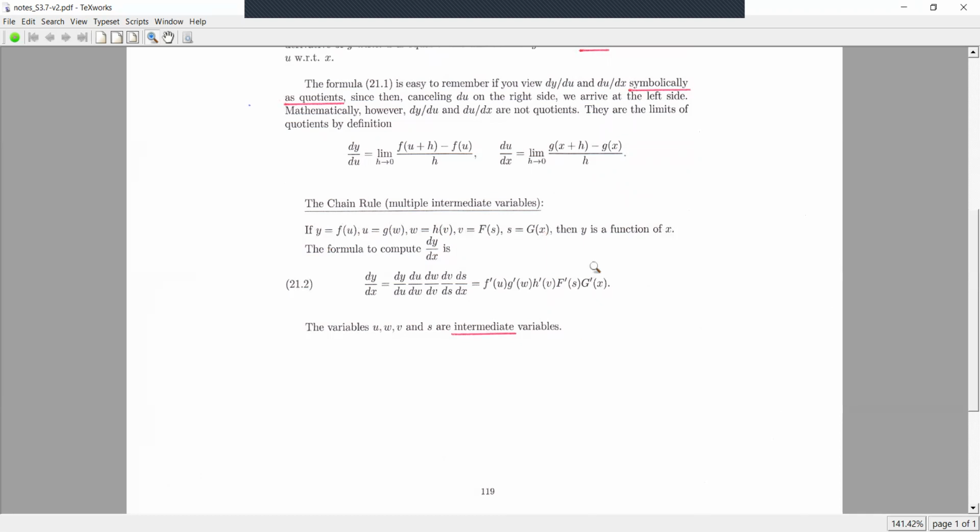Now, I want to compute the derivative of this composite function.